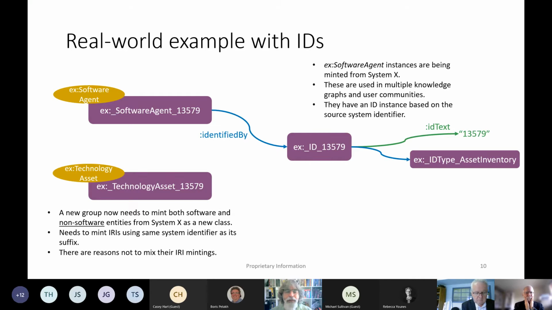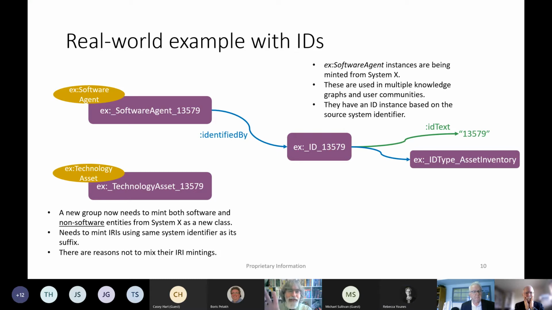They need to use that same system identifier as the basis for their IRIs, but they don't necessarily want to. They need a broader class of things, and so following our minting pattern, they would have these instances of technology asset 13579.